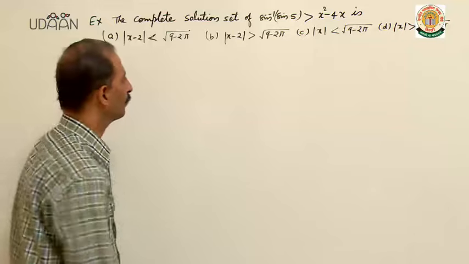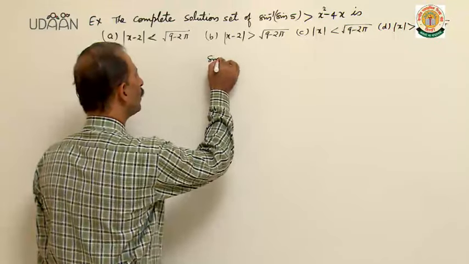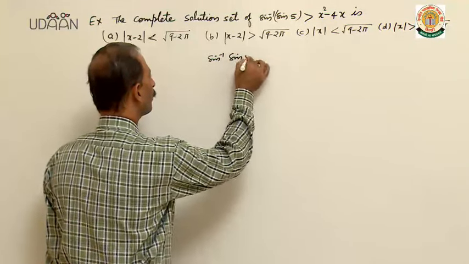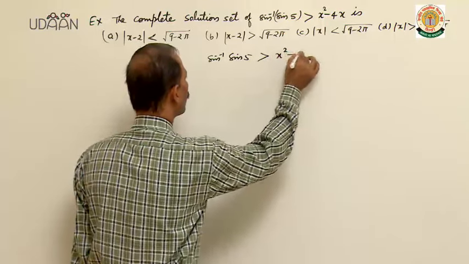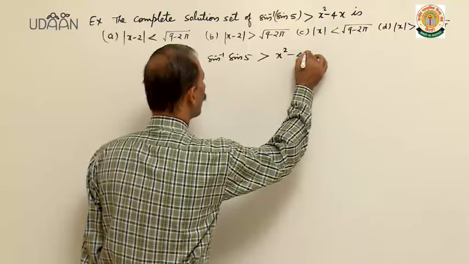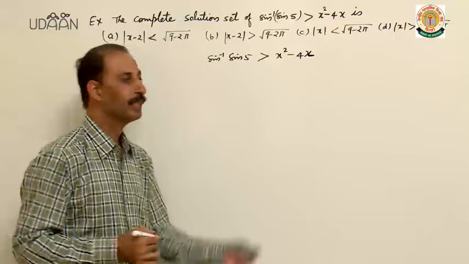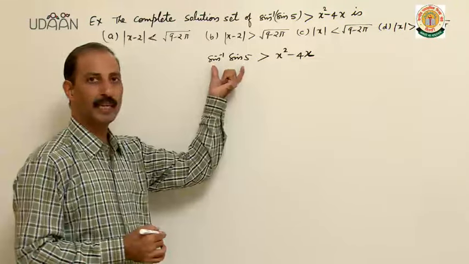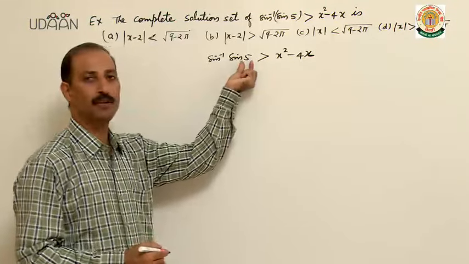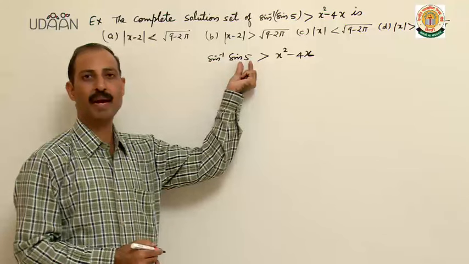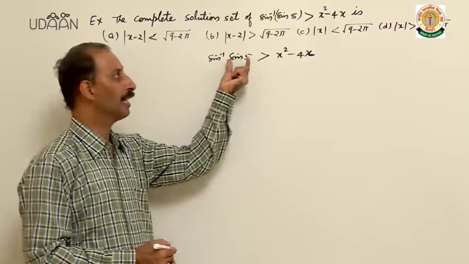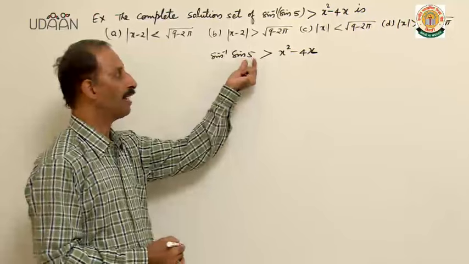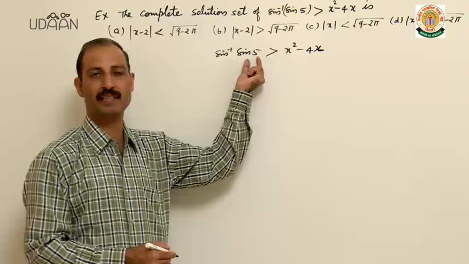How to solve this? Sin inverse of sin 5 is greater than x square minus 4x. Children, you know that if this value lies between minus pi by 2 to plus pi by 2, then we can write it as it is. But 5 radian doesn't lie in that interval.